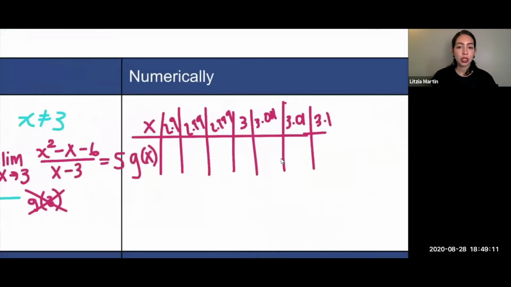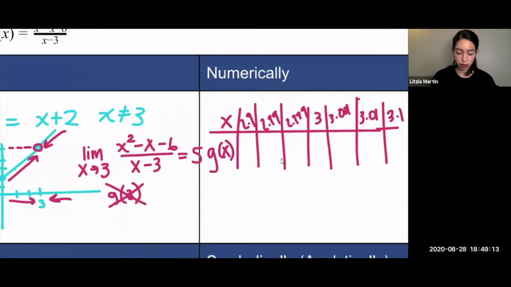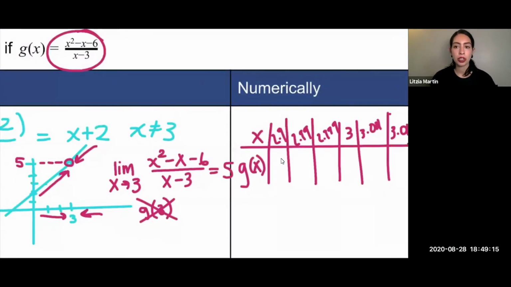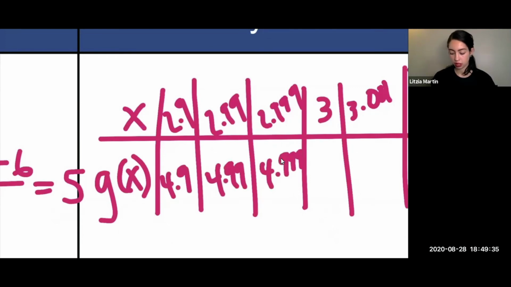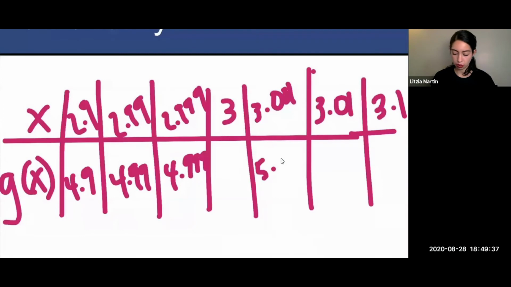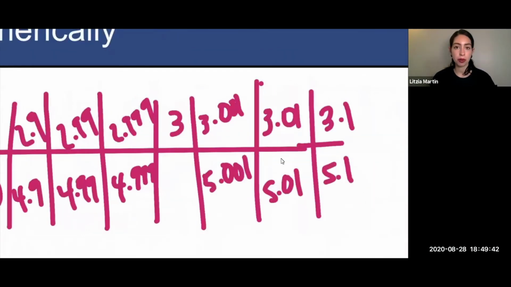Now from here, of course, you would want to then just plug into your function. Since we simplified it, we know it's going to simplify to this line x plus 2. So it's going to be 4.9, 4.99, 4.999, 5.001, 5.01, and 5.1.